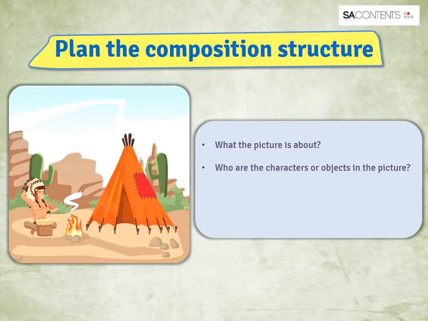For example, here in this picture you can see mountains, cactus, a few bushes, a tent, a campfire and a person sitting next to it. So you have to jot down all these and then describe them. What is each character doing? When I said describe each and every element, here you are going to add adverbs or adjectives to each and every object and element to describe it and then write meaningful sentences related to it.